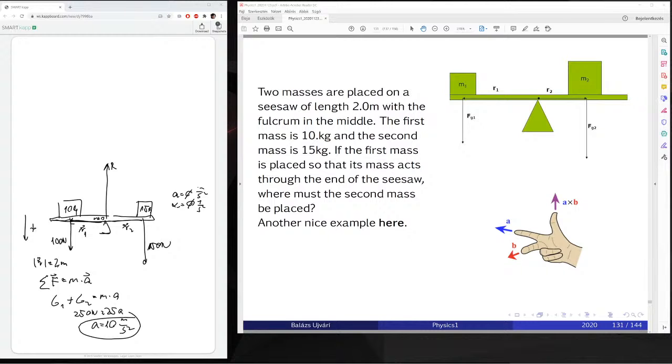And look, the positive direction is downward, so that will be minus R equal m times 0. So G1 plus G2 equal R. So this R has to be 250 Newton, 250 Newton upwards.